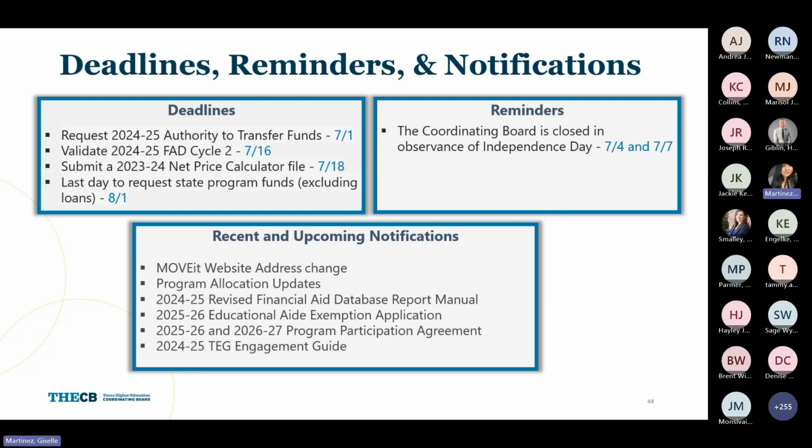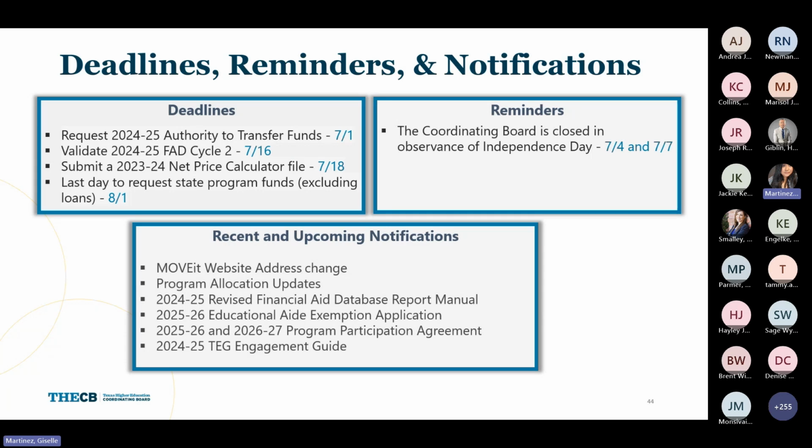All right, so let's cover some upcoming notifications, starting with the Move It website address change. The website address to access Move It DMZ will be changing after a planned maintenance this Saturday. And more details were sent out today in a memo, so please be on the lookout for that.